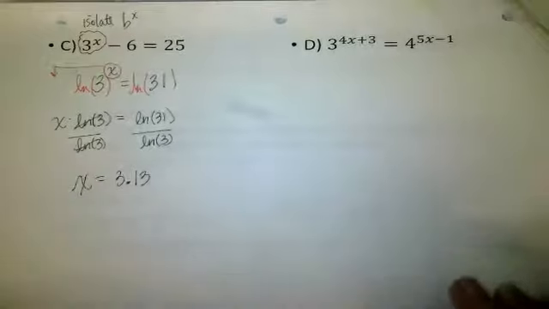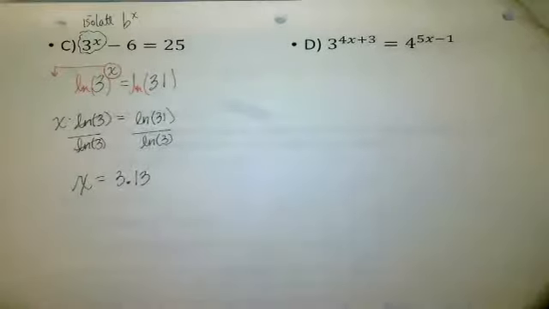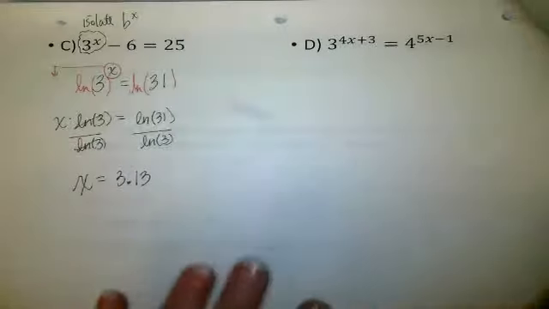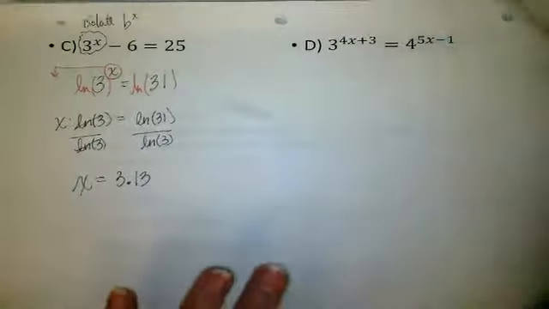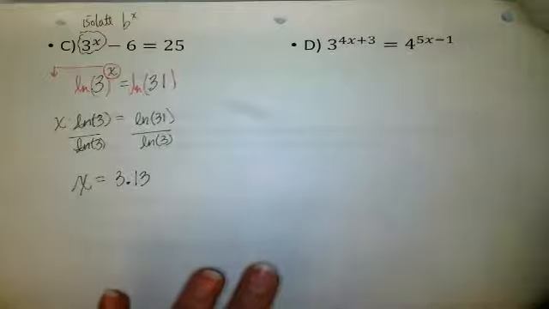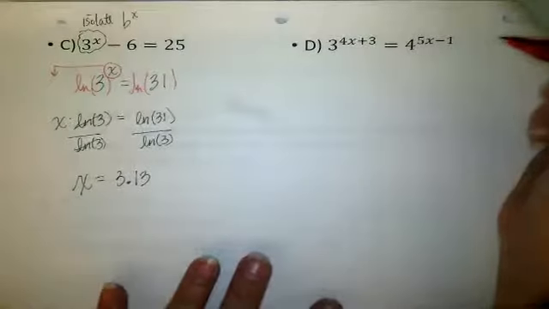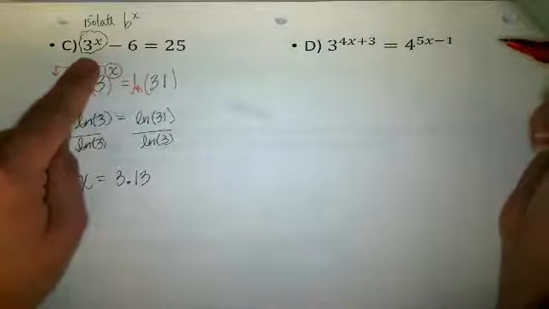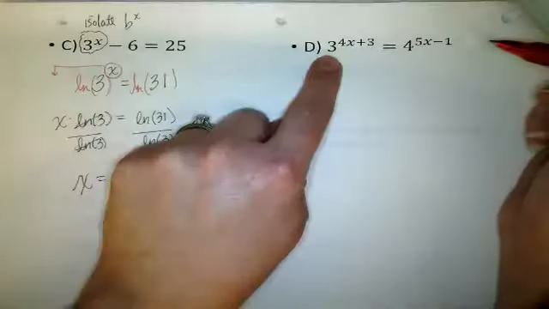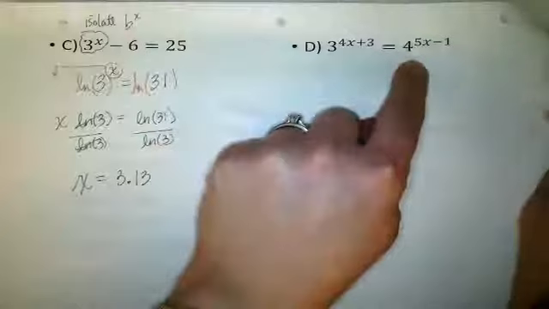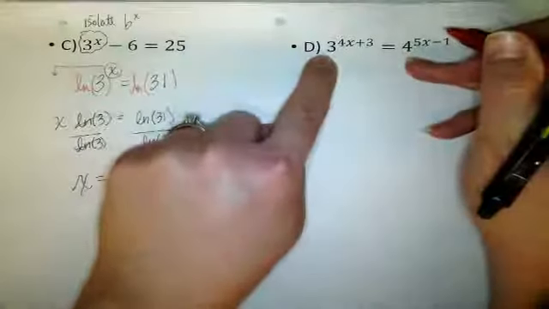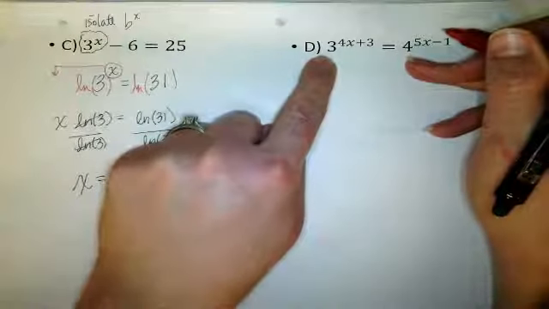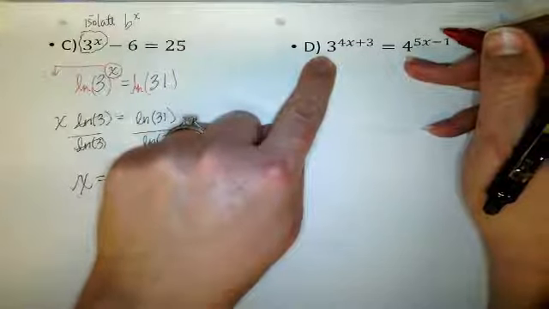Okay. 3 to the 4x plus 3 equals 4 to the 5x minus 1. Be very careful here. This one is quite hard. Can I do any cleanup like I could here? No, I can't, because it's already b to some power, b to some power. The bases are different, aren't they? If they were the same, that would be easy, but they're different.